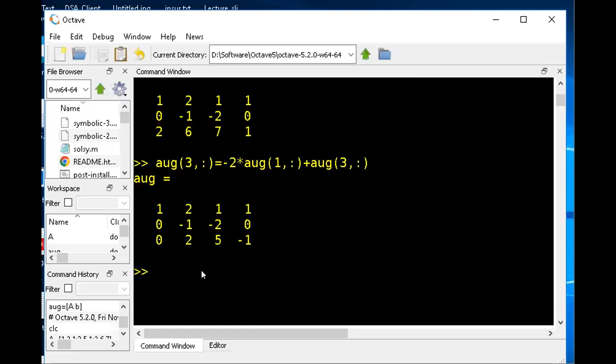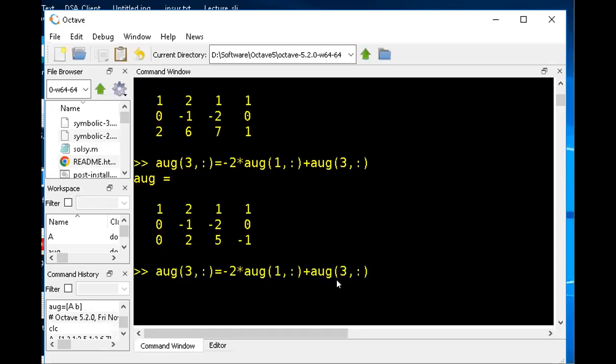If you like, let's change the sign of this, but you don't need to. I would like to get rid of this entry.